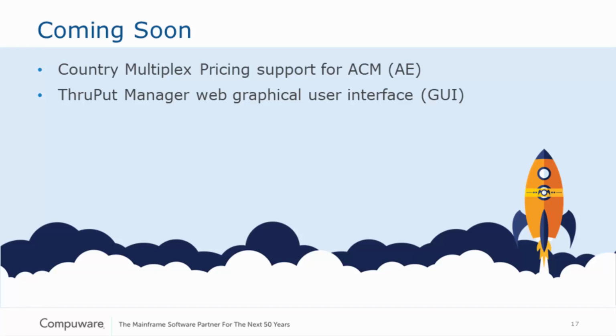And so we're adding support for customers that are in a country multiplex pricing situation with IBM. We're really excited about that, and we'll give you a little bit more detail on that in the next slide. And then we're also adding a graphical user interface, a GUI, for the ThruPut Manager web that will be coming out as well.